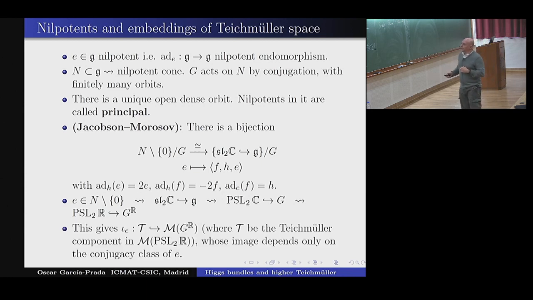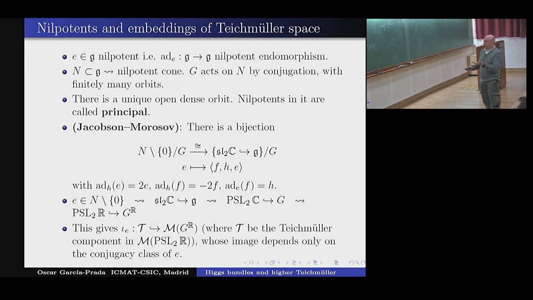And therefore, because of this inclusion, you can see this from the point of view of representations. If you take a representation of the fundamental group of S into PSL2R, in particular one in the Teichmuller component, then this gives you a representation of the fundamental group in GR.